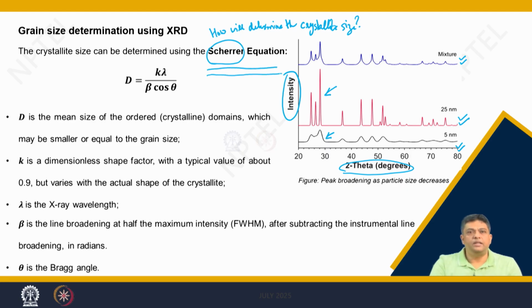Please note that the Scherrer equation was written by believing that the particles had shapes which were similar to spheres.